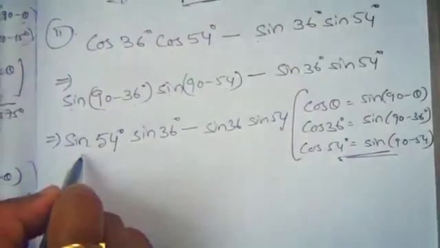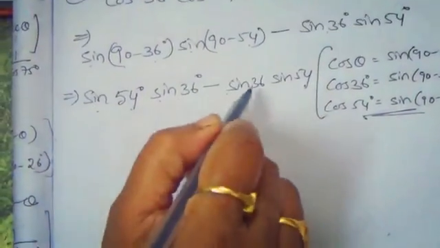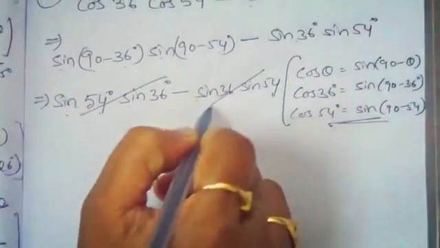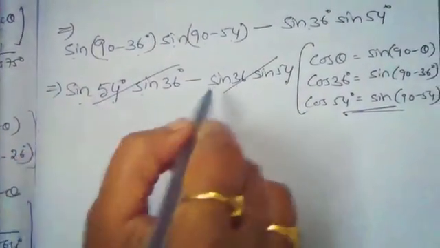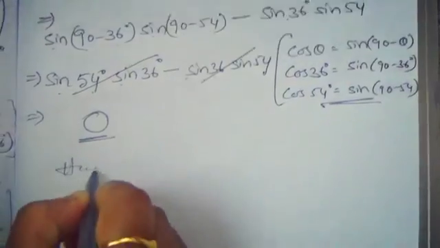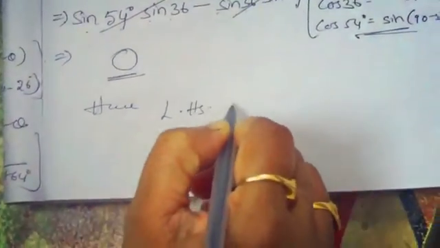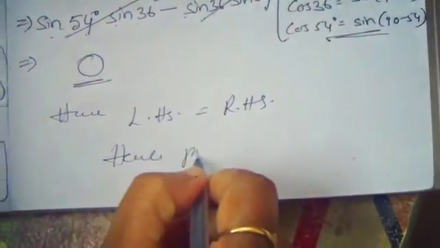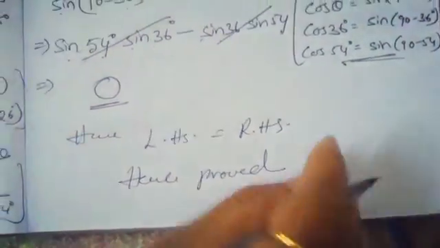Here, sin 54 sin 36 and sin 36 sin 54 are both cancelled. That implies 0. Here LHS is equal to RHS. Hence proved. Okay, here the second Roman is finished.